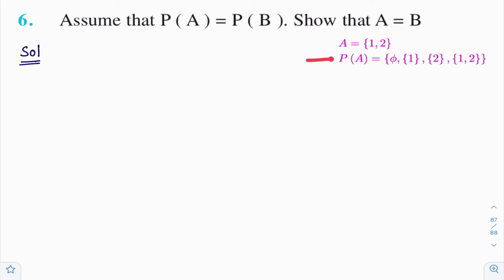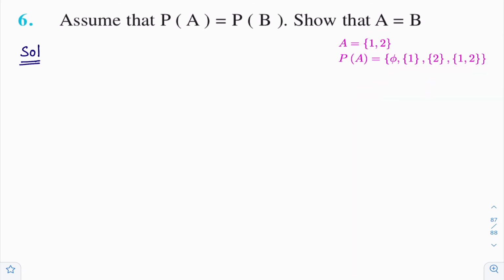Then what is the power set of A? The power set of A is the set of all subsets of set A. In this set, how many elements are there? Number of subsets of A is 2 power number of elements in set A, that is 2 power 2. 4 subsets you will get for set A. Here I have written all the subsets of set A.